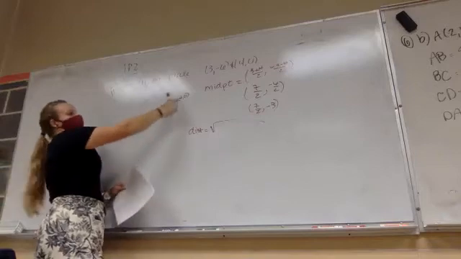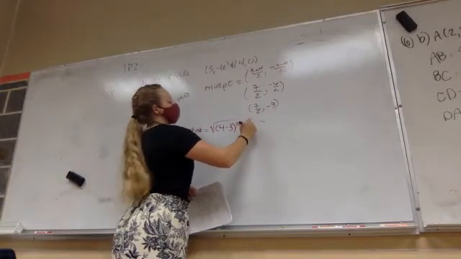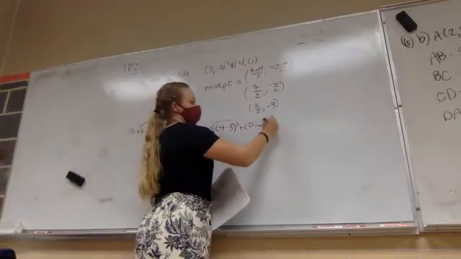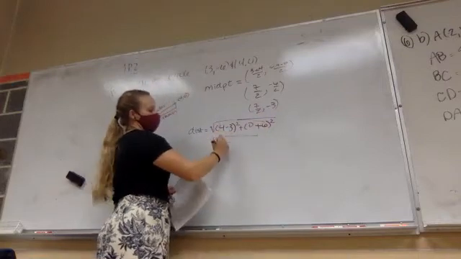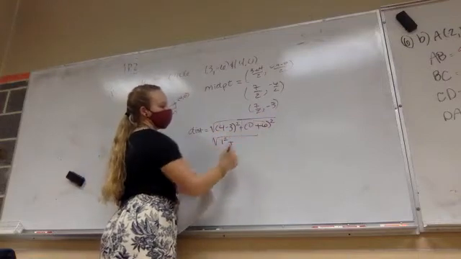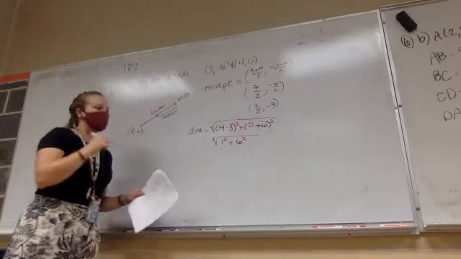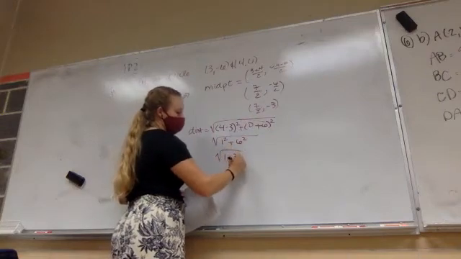So I'm going to do 4 - 3 squared plus 0 - -6 squared. Four minus 3 is 1. 0 minus -6, or +6, is 6 squared. 1 squared is 1. 6 squared is 36.